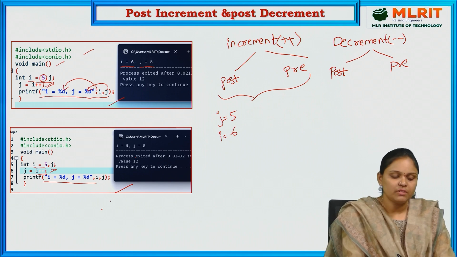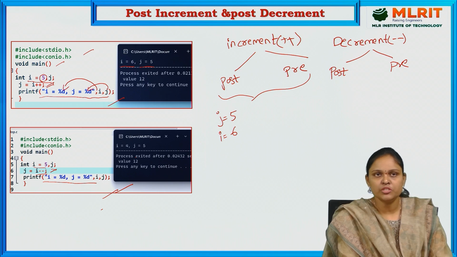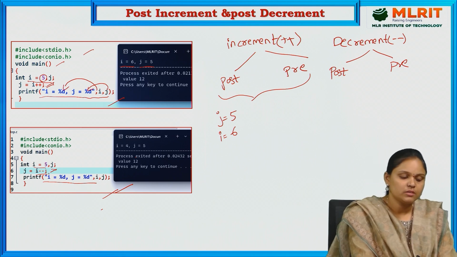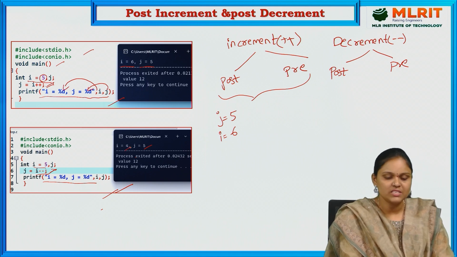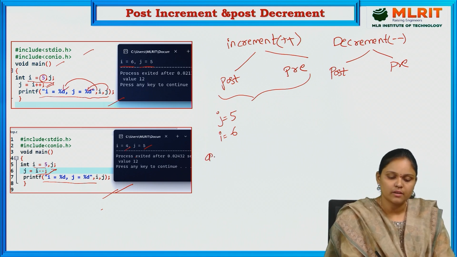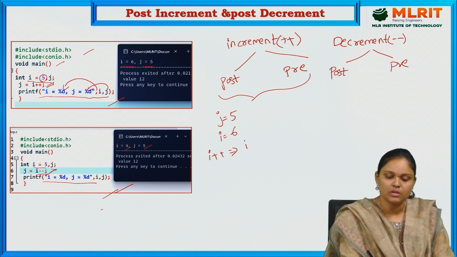And the same thing will happen for the post decrement also. First the i value we are using, and after using the i value, later on the i value is decremented. So for that reason, j equals 5, but the i value has been decremented. As we saw in the previous example, i plus plus is equivalent to i equals i plus 1.